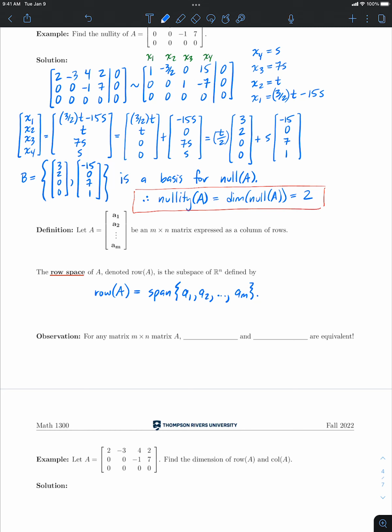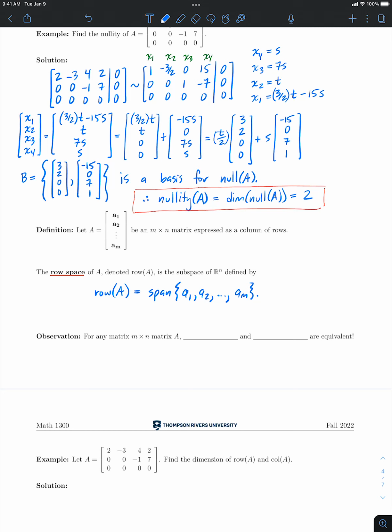Okay, and one of the interesting things is that there's another way we could have defined the row space of A. We could have defined it to be the column space of A transpose, since the columns of A transpose would be the same as the rows of A. That's how you'll see it defined in some places: the row space of a matrix is just the column space of its transpose.